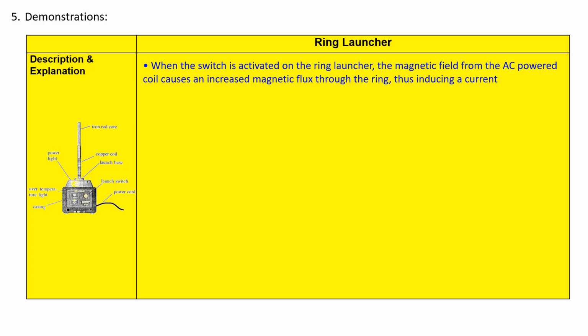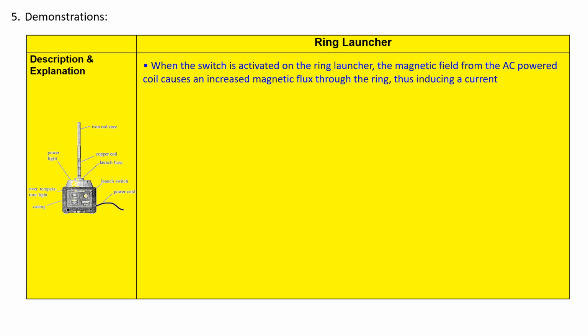This changing magnetic field from the alternating current powered coil clearly correlates with an increase in magnetic flux through the ring. Now remember, that ring you can think of as a complete circuit, as a complete conducting path along which charge can flow.